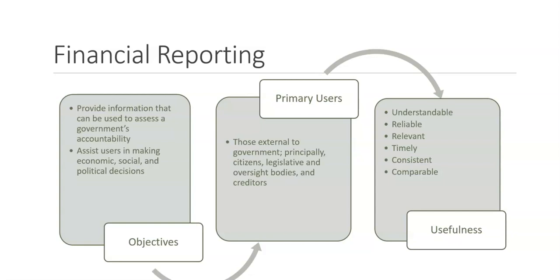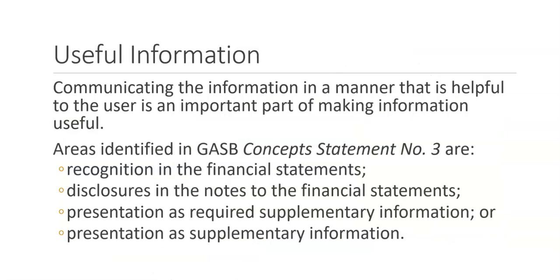Those primary users are citizens, oversight bodies, creditors, bond issuers, so people who are interested in how that particular government entity is performing. Those financial statements should, of course, be understandable, reliable, relevant, timely, consistent, and comparable. So they should be useful financial reports that we can use for multiple purposes.